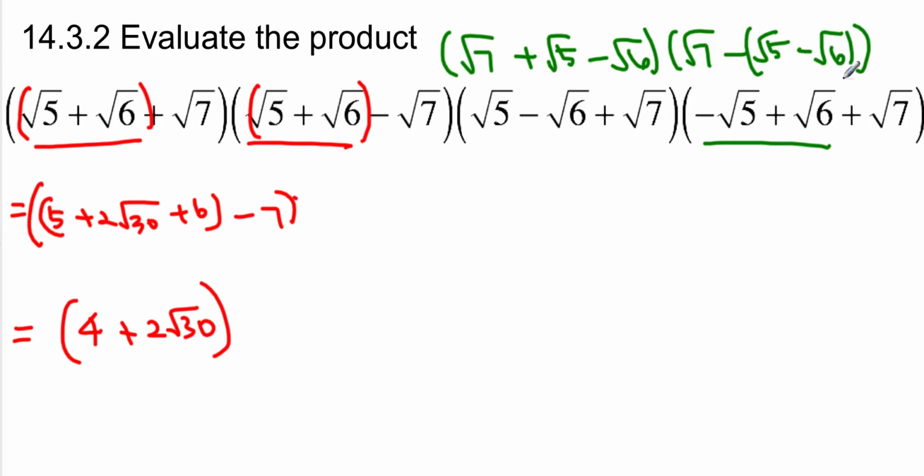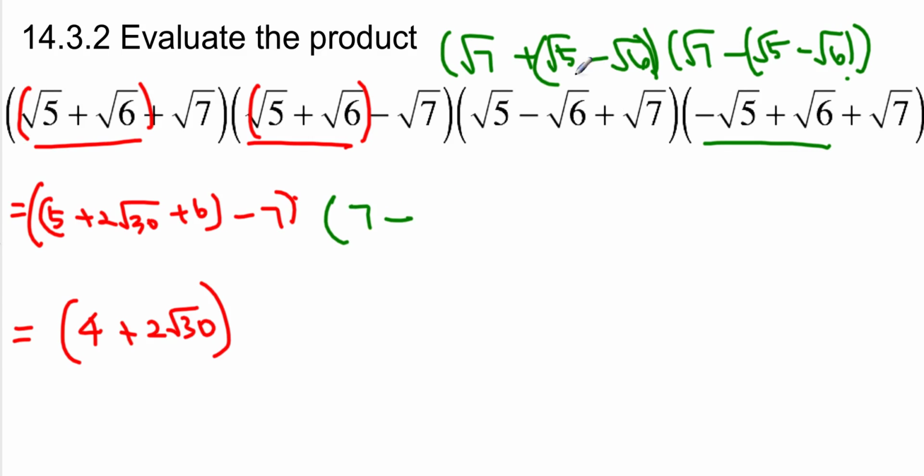Look at the last expression, see if that matches with the bottom one. All right, then you consider these two green expressions to be conjugates of each other. When I multiply them, the first portion is radical 7 times radical 7, which is simply 7.